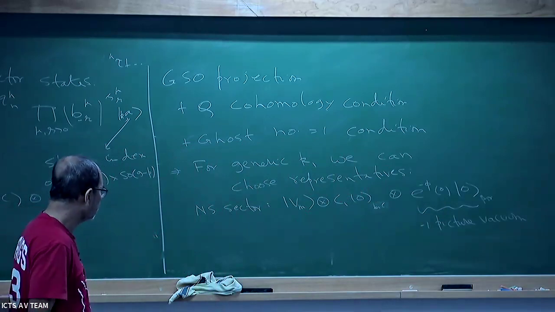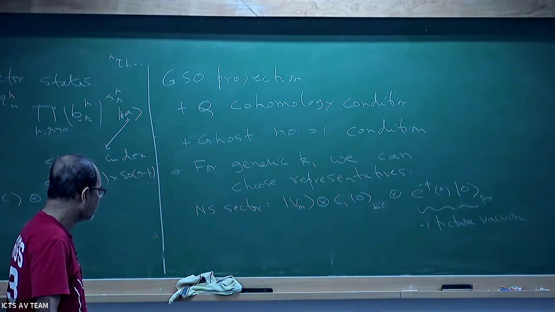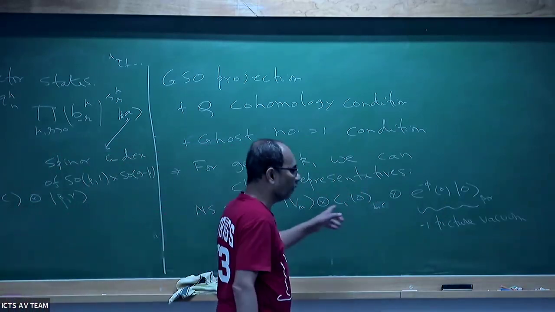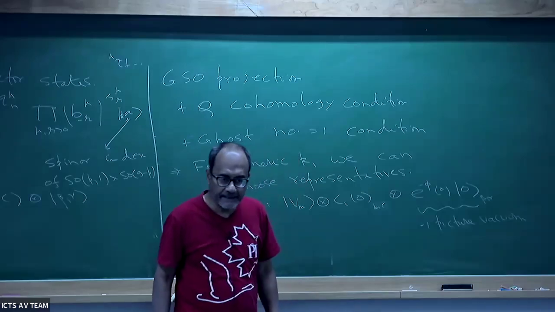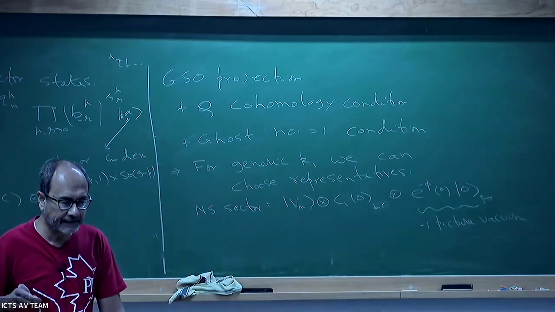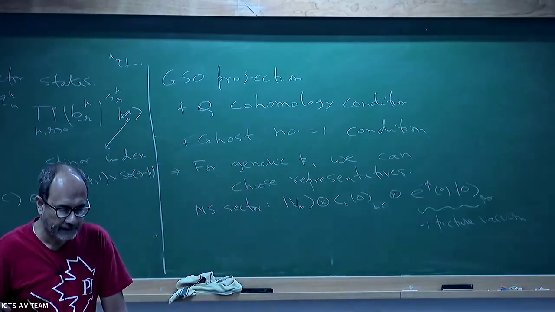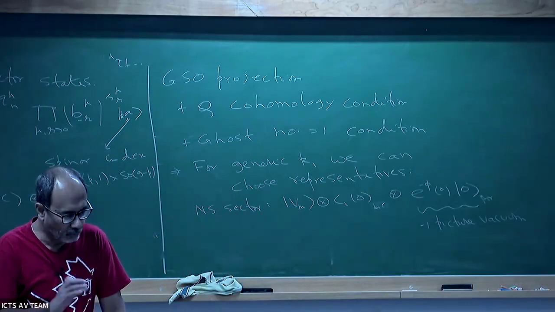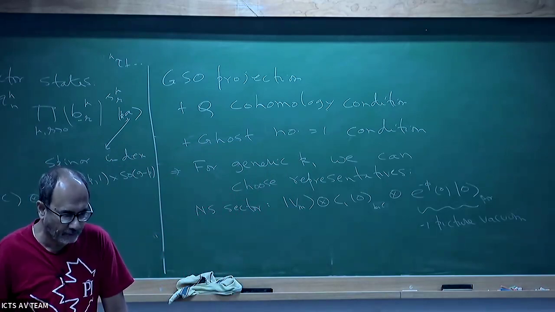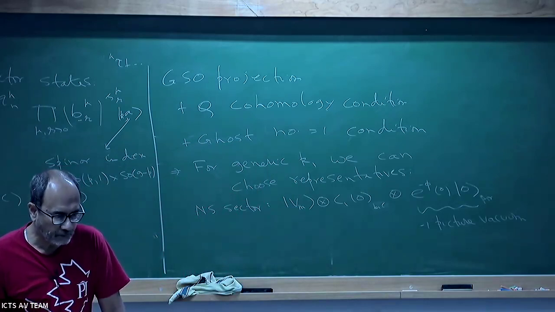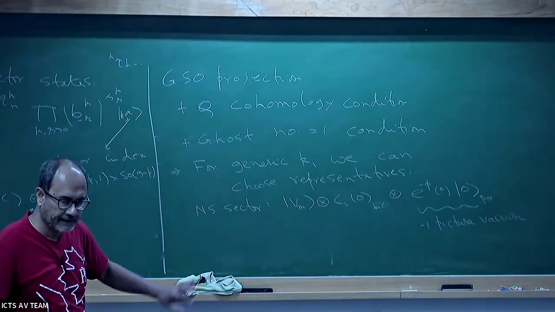That we can choose representative of this. Yeah, but the point is that you can have also c_0 c_1. Just like for the closed string, if you remember, we had said that you can choose representatives in the ghost number 2 and ghost number 3 sectors. We said that we have to make one choice, and we make ghost number 2 as the choice. Similarly, the natural choice here is the ghost number 1 sector.